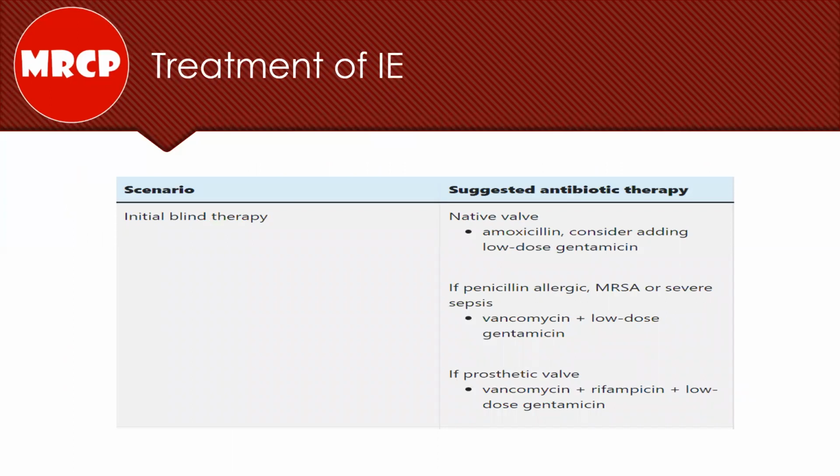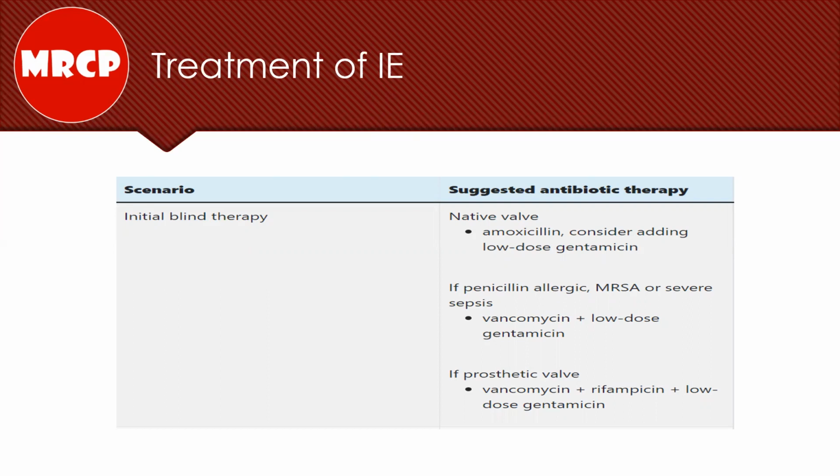First of all, Dr. Anwar, there are two aspects that should be kept in mind while we are starting the treatment of patients with infective endocarditis. First of all, you have to ask yourself, is this a native valve or is this a prosthetic valve? Secondly, what is the suspected organism in this patient? Native valve and prosthetic valve will be appreciated from history.